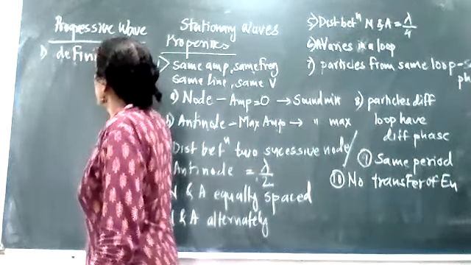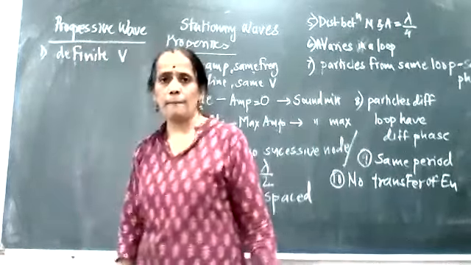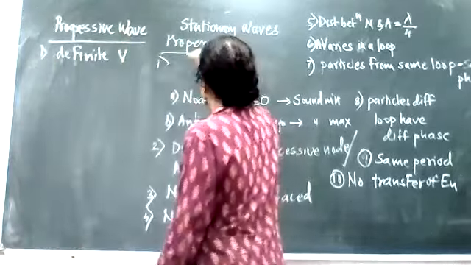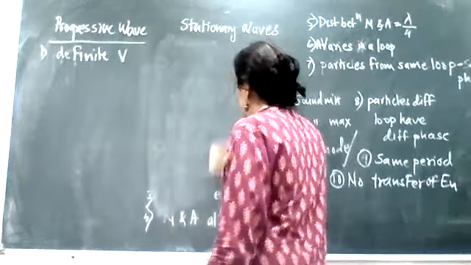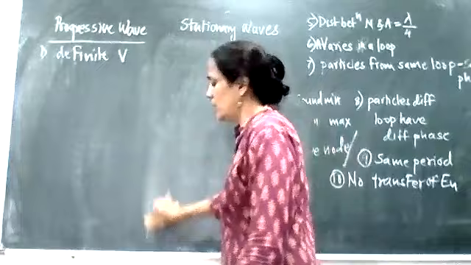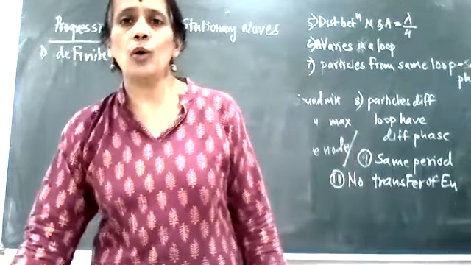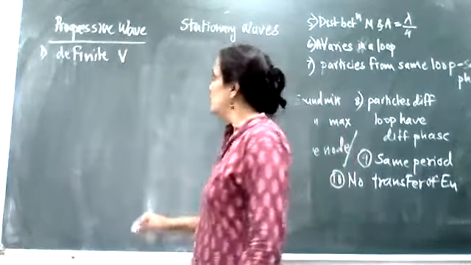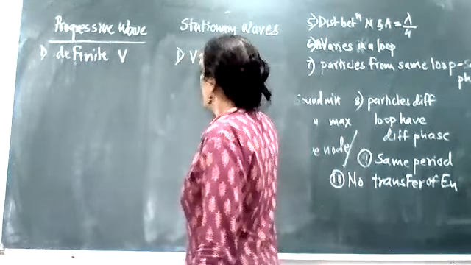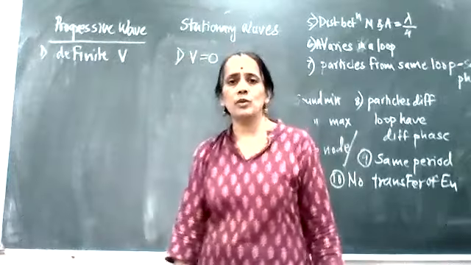But in case of stationary wave, the particles remain localized in the loop, which means there will be no motion of the wave. No motion of wave means that a stationary wave does not move with velocity v.